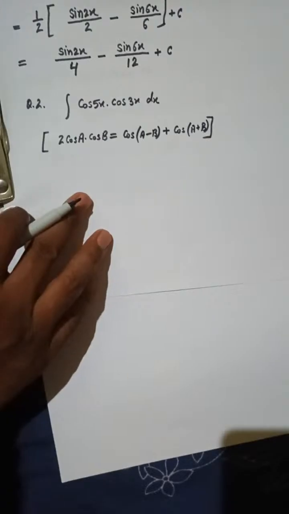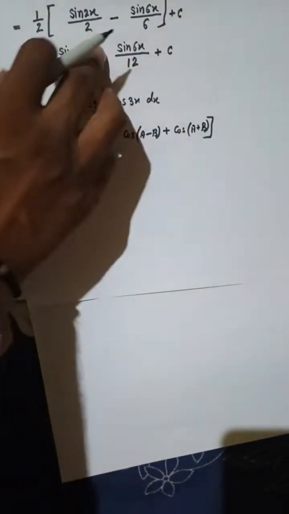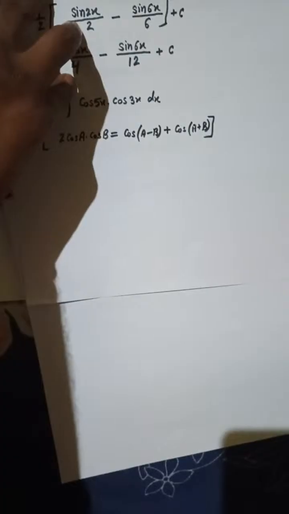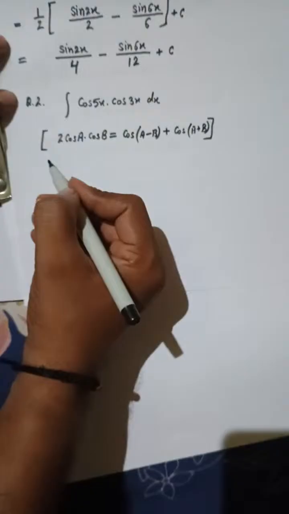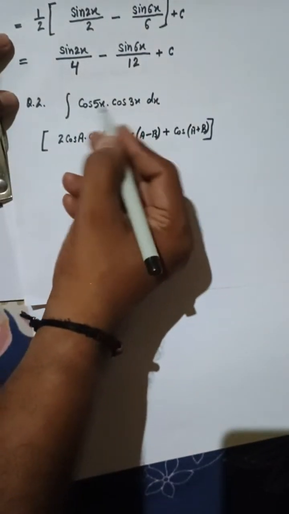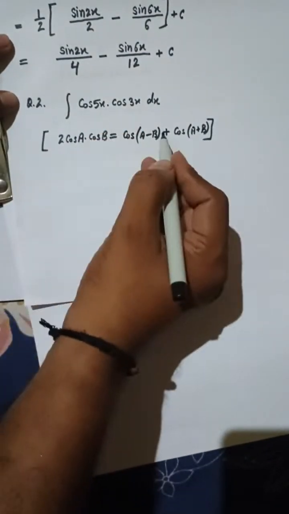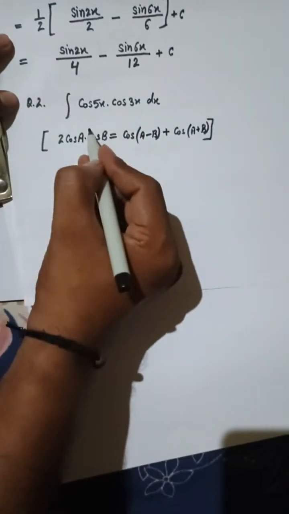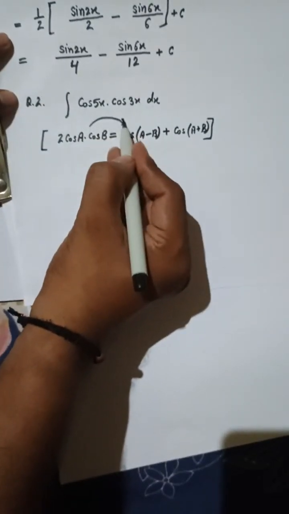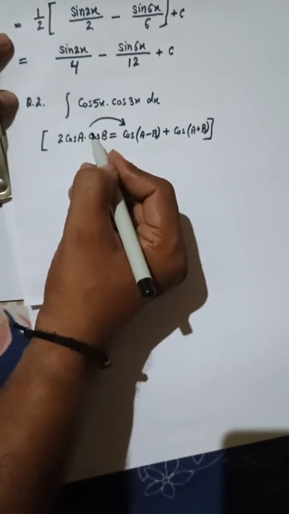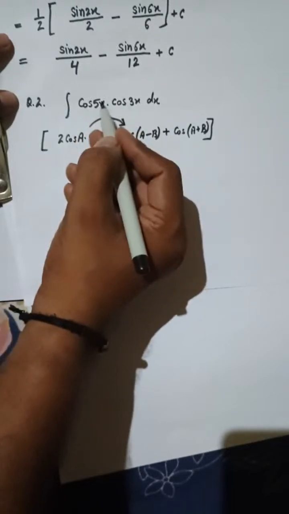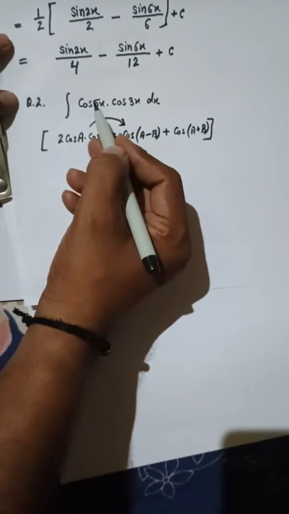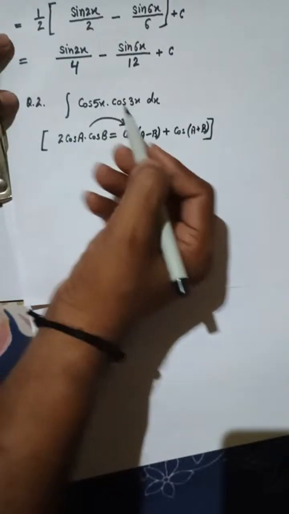Let's do it. Now this can be transformed from this product into this addition. So I am transforming cos 5x into cos 3x into addition format with the help of this formula.